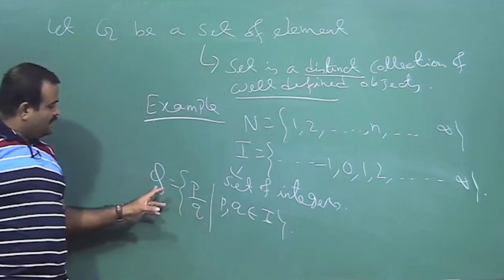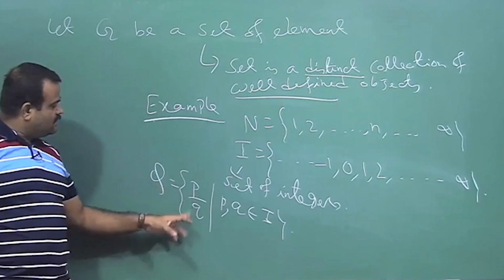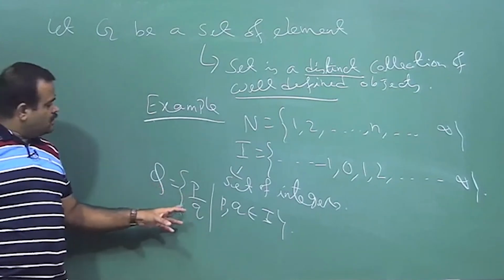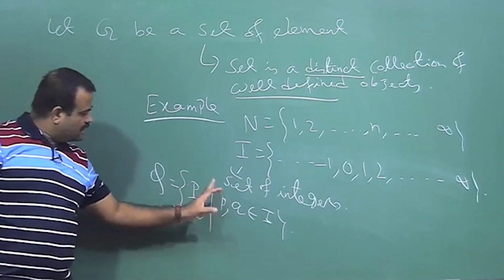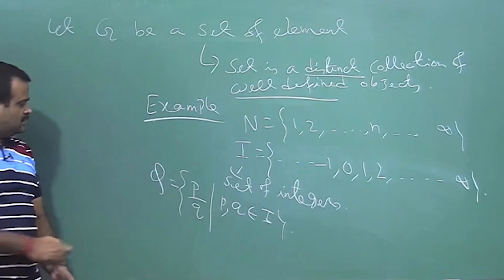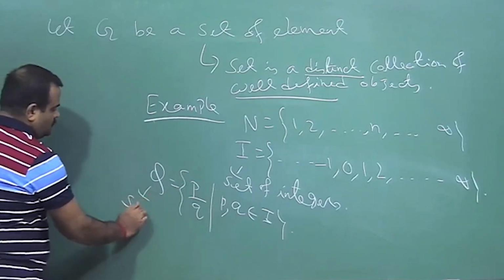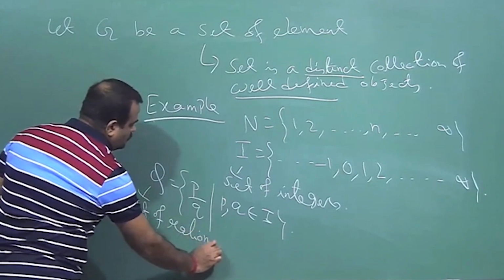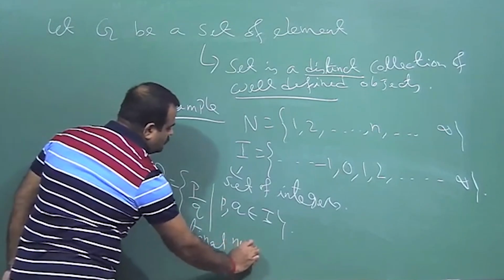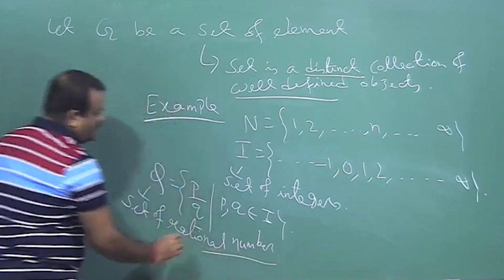Like for a rational number, any rational number is of this form p by q. So, this is the property. So, set means the element, this is given, followed by the property. So, this is the set of rational numbers.